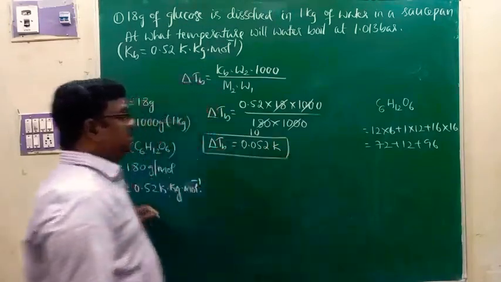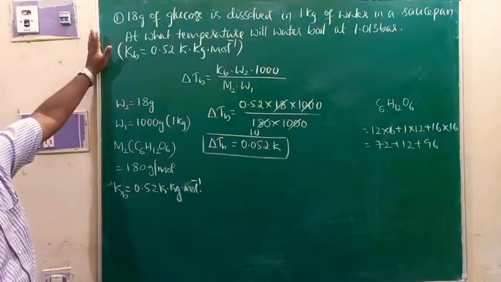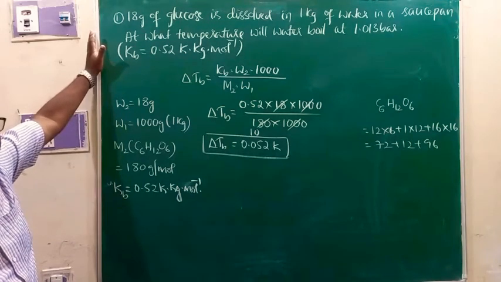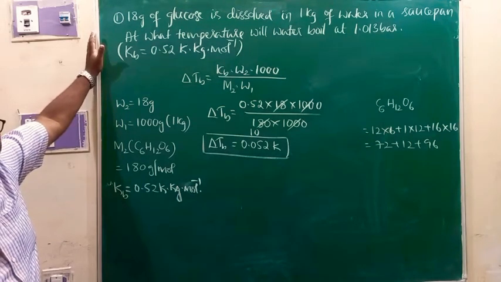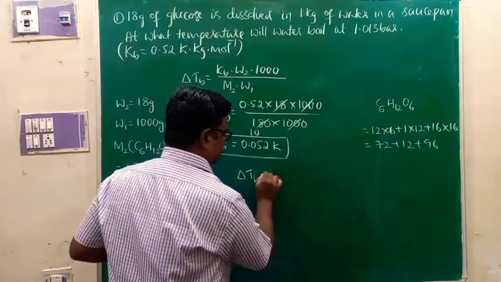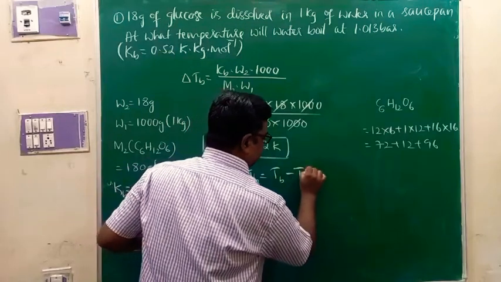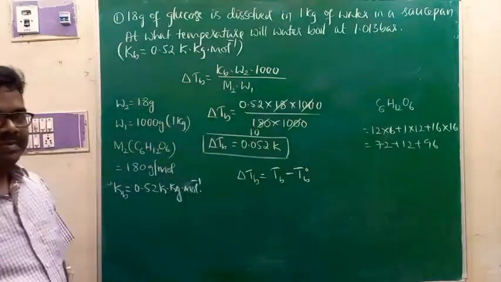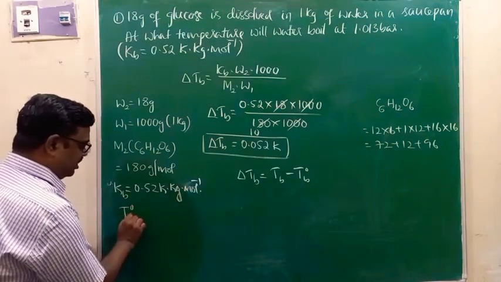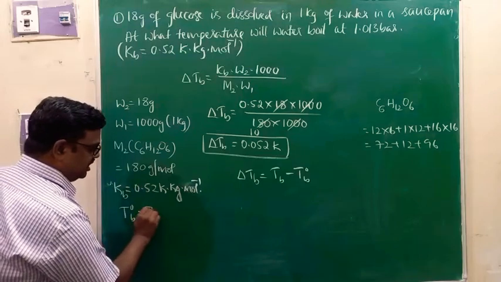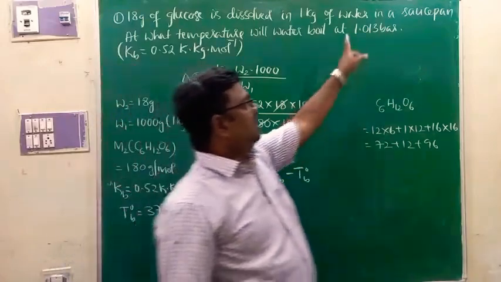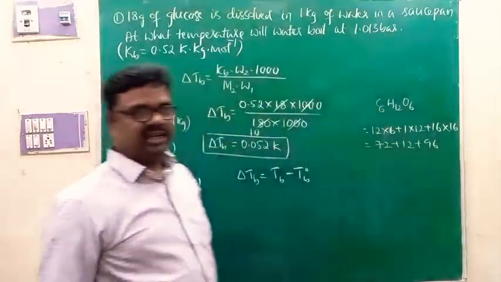This is the elevation in boiling point. But you are asked to calculate at what temperature water boils when 18 grams of glucose is added to water. That means you are supposed to calculate the boiling point of the resulting solution. Delta TB is equal to the boiling point of the solution minus the boiling point of the pure solvent. The boiling point of pure solvent, water, is 373.15 kelvins at 1.013 bar pressure.